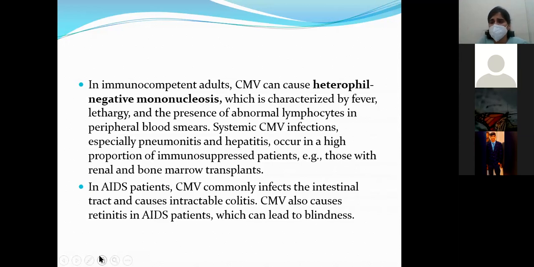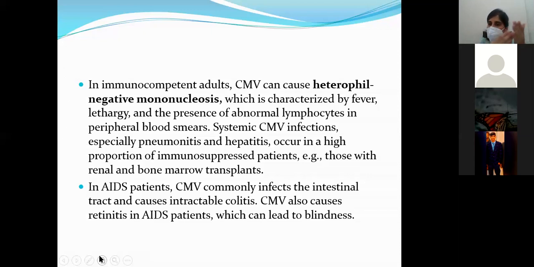The patient will present saying, I have had a fever for many days, my body is aching, and when you get a CBC done, you will find abnormal lymphocytes in the peripheral blood smear. But heterophilic antibodies will be negative. So there will be generalized lethargy, fever and abnormal lymphocytes.